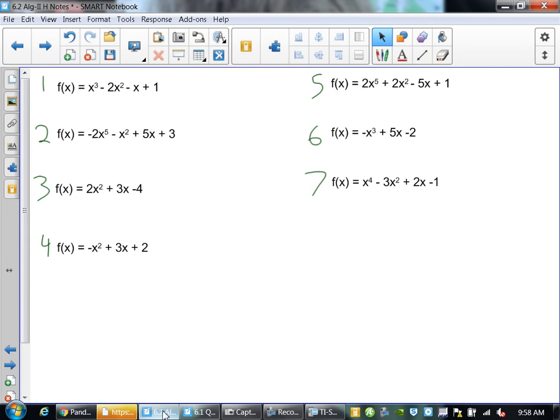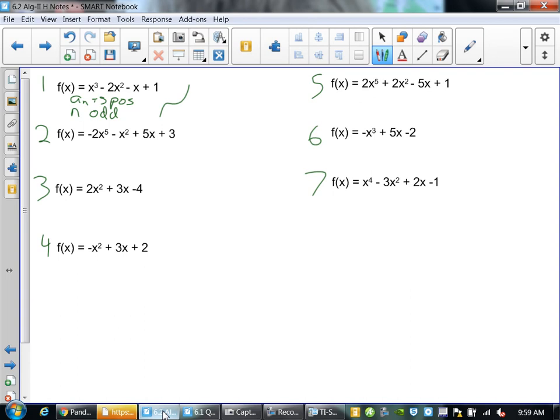The coefficient is 1, right? It's positive or negative? So that first term, a sub n, is positive. Is the exponent odd or even? It's odd. And the graph kind of did this, didn't it?